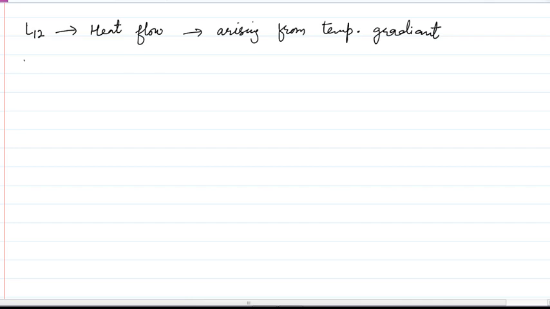And L21 represents the flow of matter, and this arises from the concentration gradient.